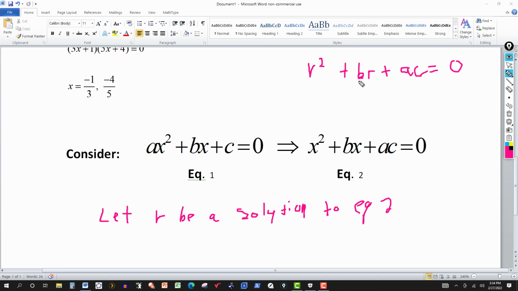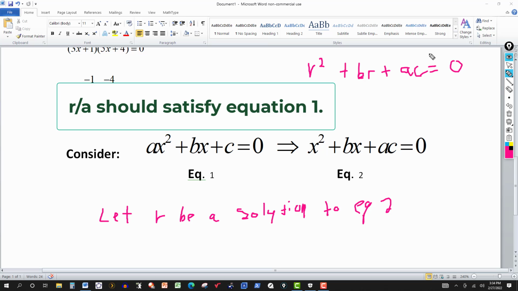What I have to do then, what the shortcut says, is if you take the solution of this equation and divide it by a, it has to satisfy the main equation.